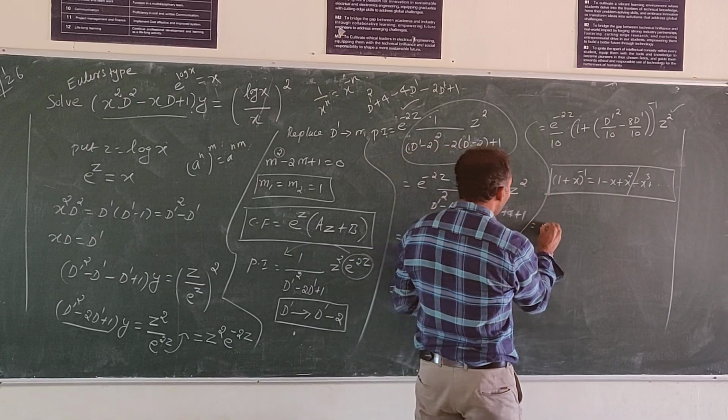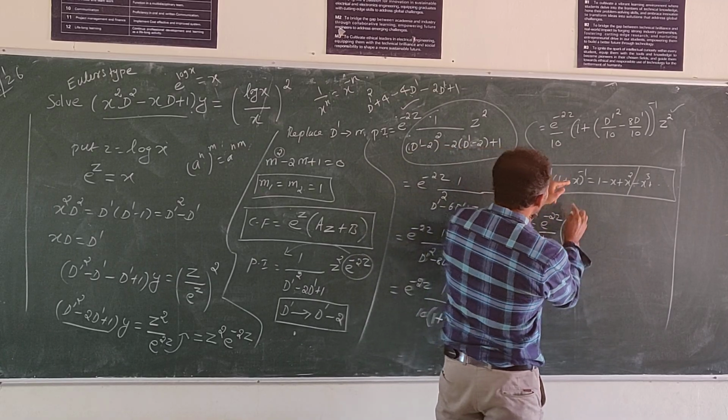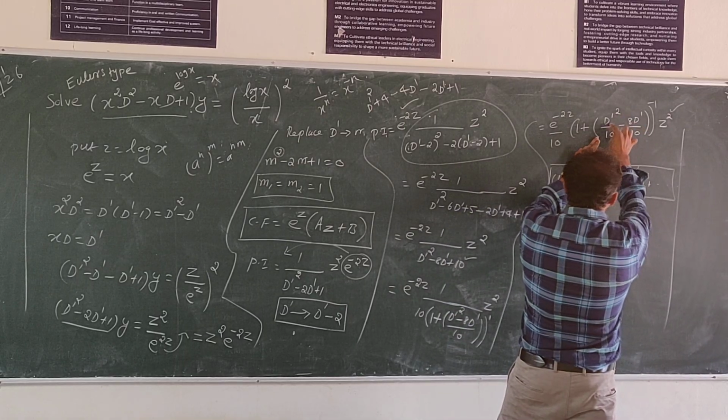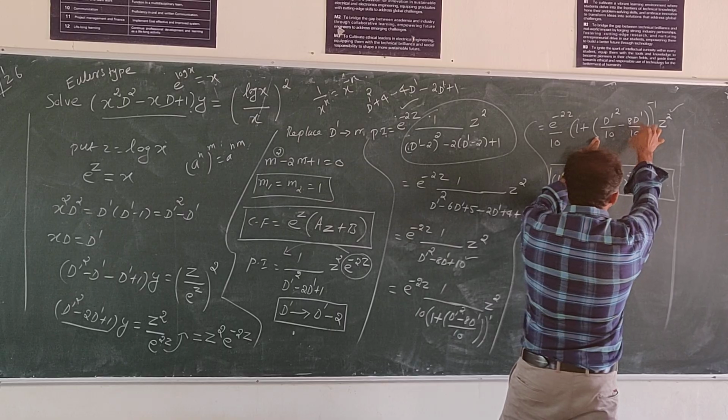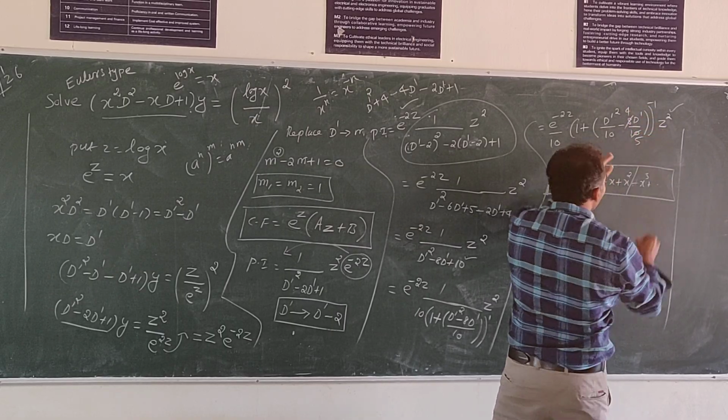So e power minus 2z divided by 10 into 1, instead of x here is a term like this: d dash square divided by 10 minus 8d dash divided by 10. We can cancel this one, 4 by 5. Okay.